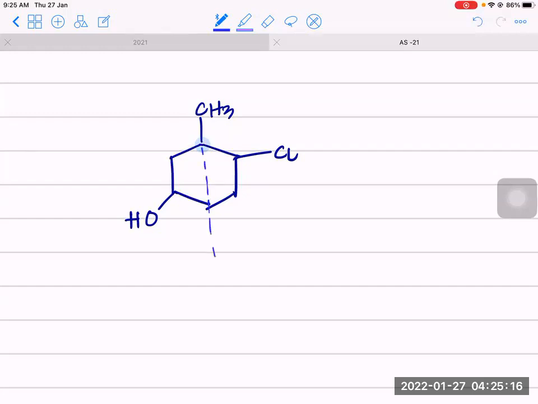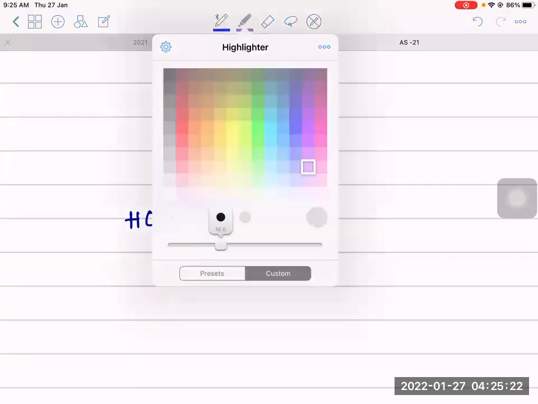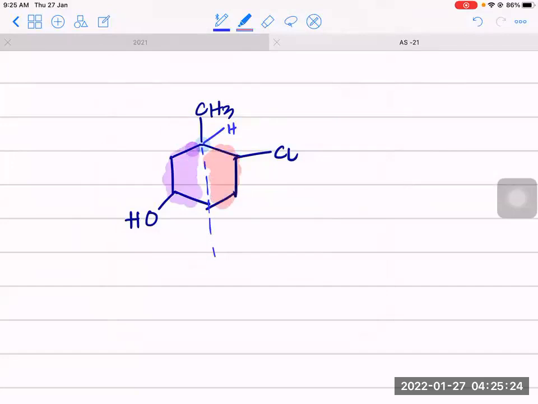By drawing a line of symmetry between them. One is a CH3, one is a H, one is all of this, and the fourth is all of this. Do you see all 4 are different? Yes. Is this clear? So this will be chiral. All right. So I'm making an asterisk here. This is chiral. Got to check this one.